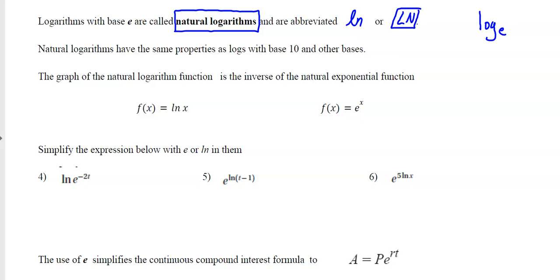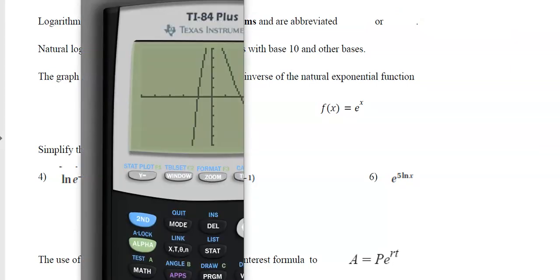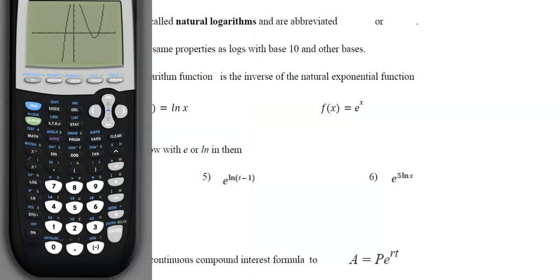And maybe I'll pull up the calculator real quick just so you can kind of see where it's at on your TI. Let's quit out of that. Clear this out. So if you notice, right beside the 7 is the log key. And then right beside the 4 is the ln, the natural log key.